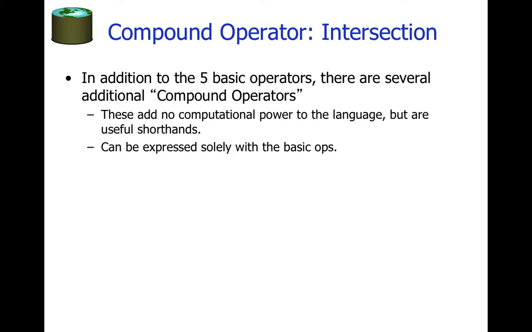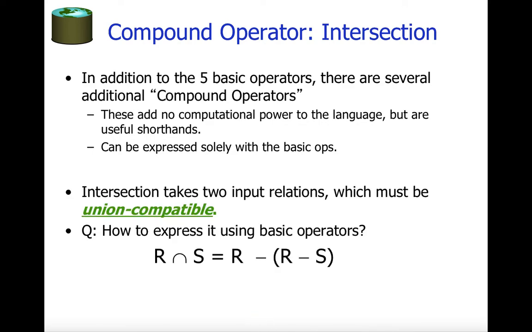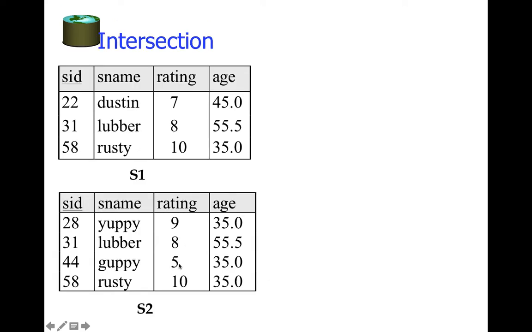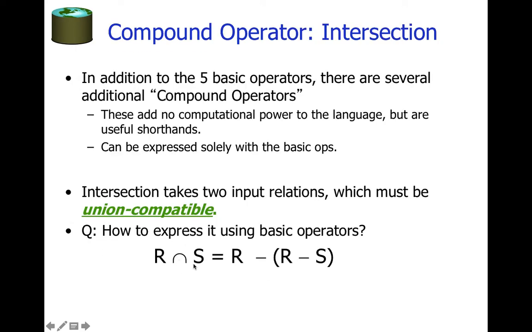Instead of writing R minus (R minus S), we write R intersection S. That's what we mean by operators that are useful as shorthands. Instead of putting these two minus operations here, we only put intersection, since it's using set difference.